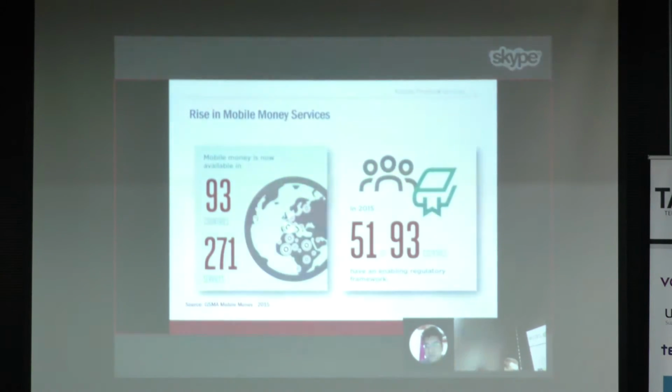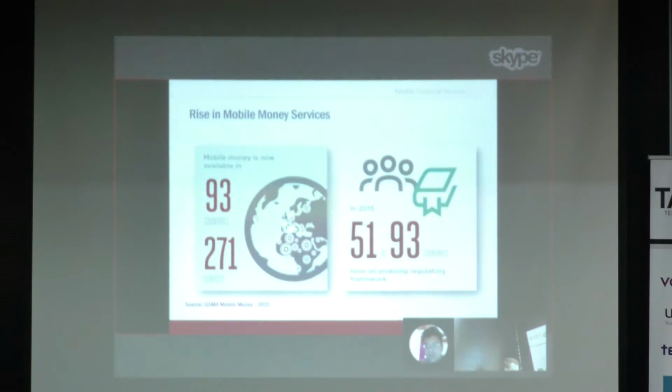To give you a little context, how are these services looking in the near future? What we're going to see are some infographics that are taken from the GSM Association State of the Industry for mobile financial services, right?